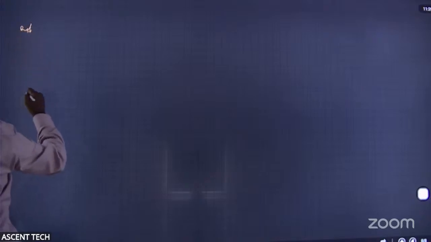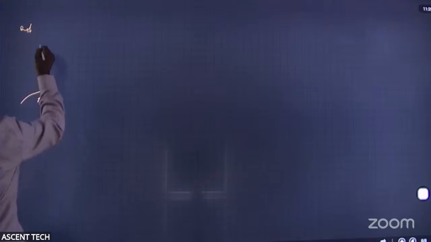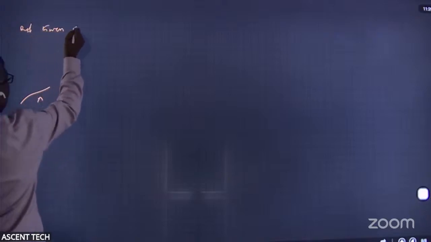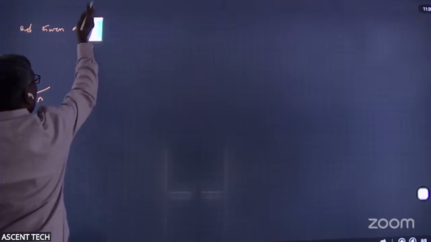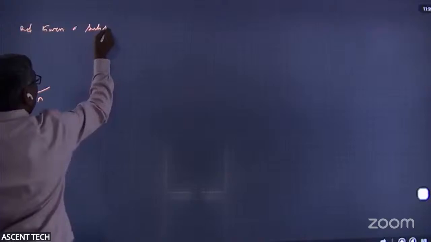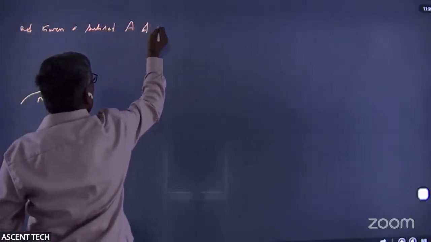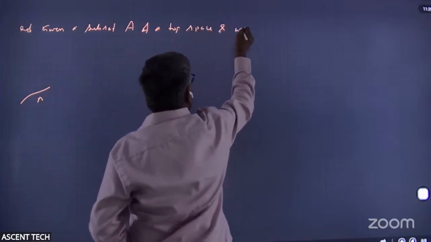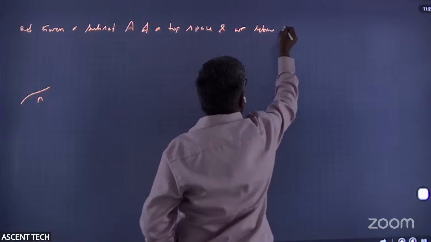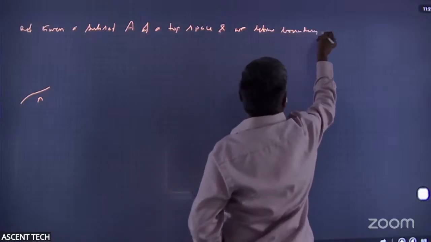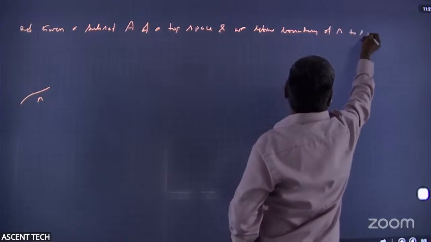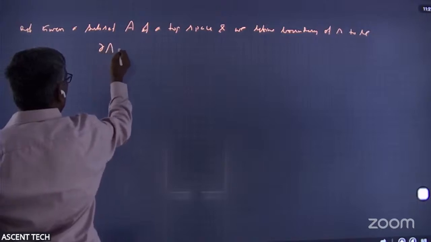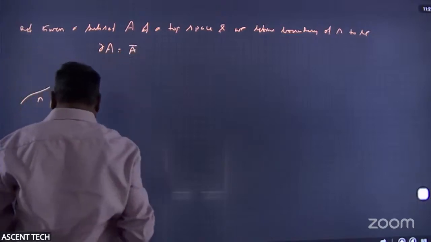Given a subset A of a topological space capital X, we define its boundary of A to be the closure of A intersection the closure of the complement.